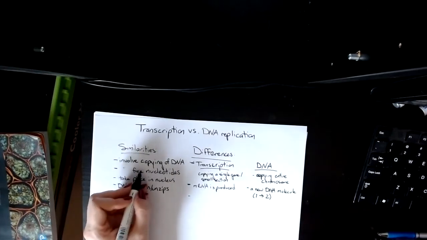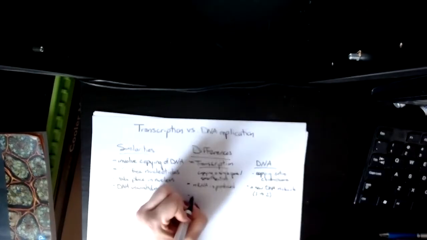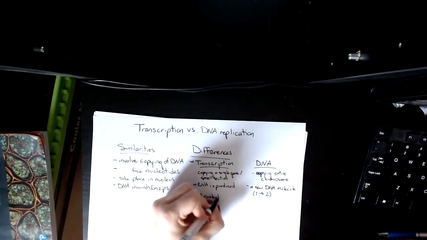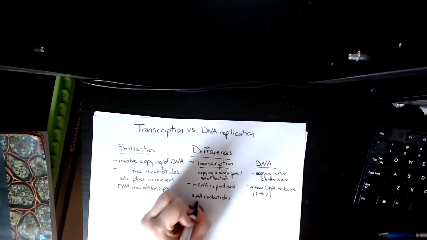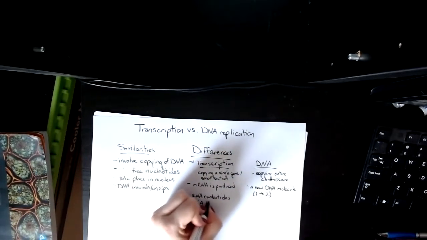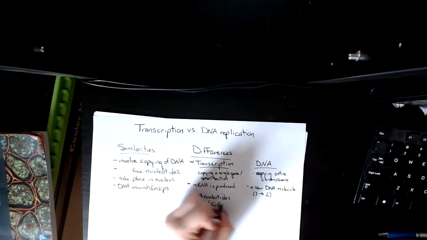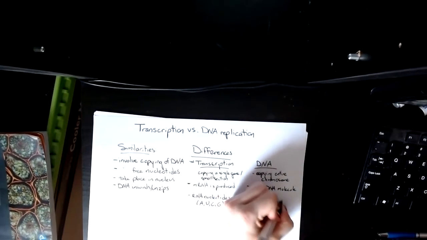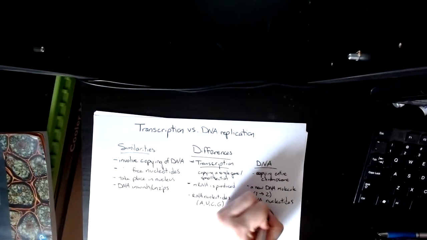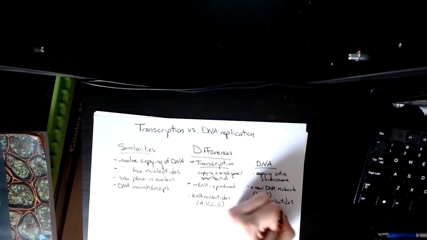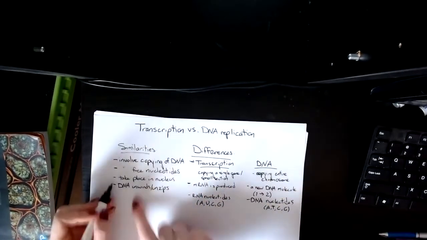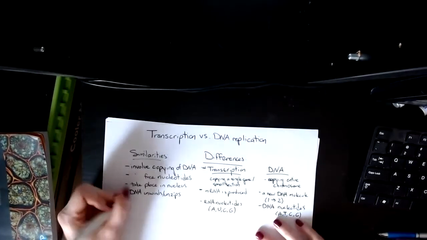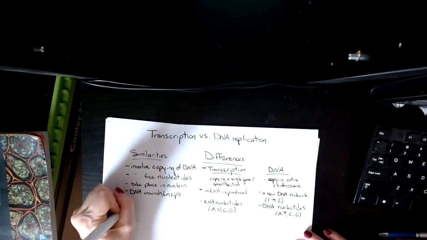They both involve free nucleotides, but the nucleotides themselves are different. Transcription involves RNA nucleotides, and I would also talk about the different bases, so you have A, U, C, and G, whereas replication involves DNA nucleotides, which are, of course, A, T, C, and G. Now if you wanted to, you could say the similarities are they both have the nitrogenous bases A, C, and G. You could list that if you want.